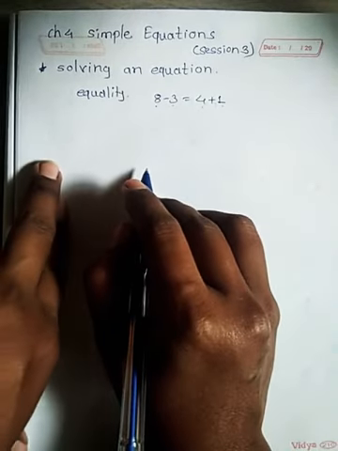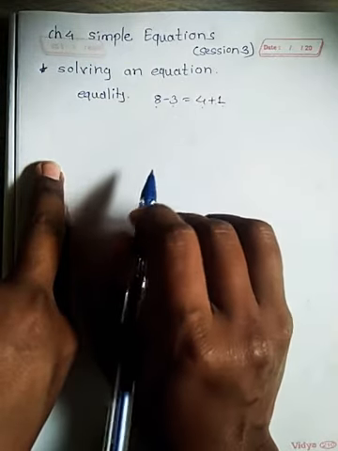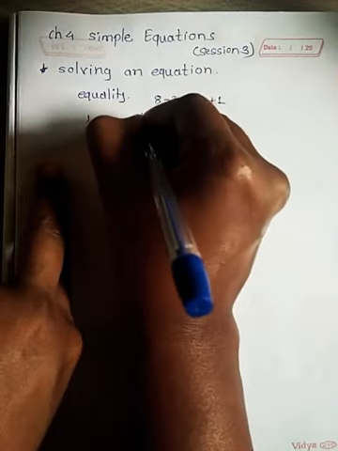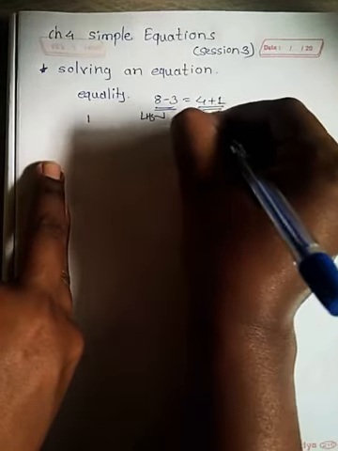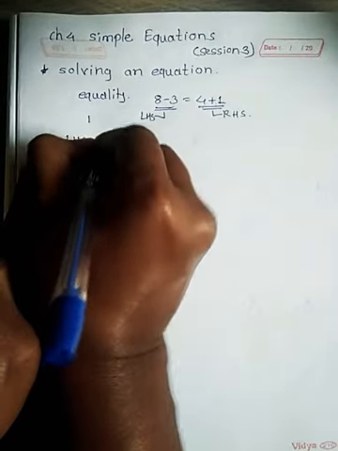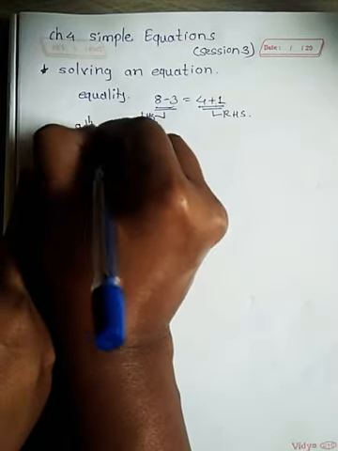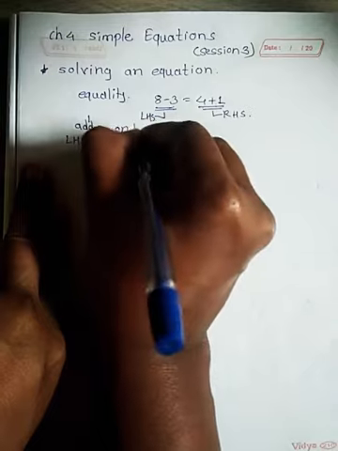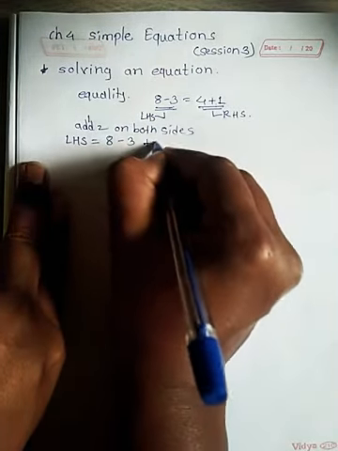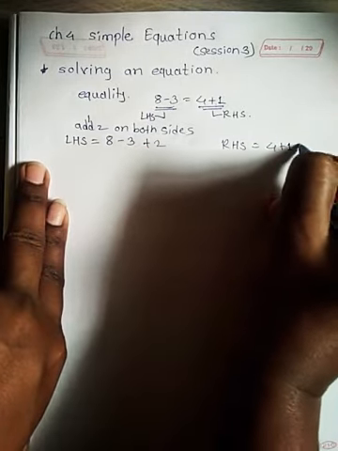Now suppose I add 2 on both sides. This is LHS, this is RHS. LHS is 8 minus 3 plus 2, and RHS is 4 plus 1 plus 2.